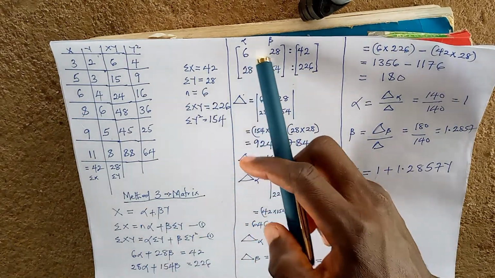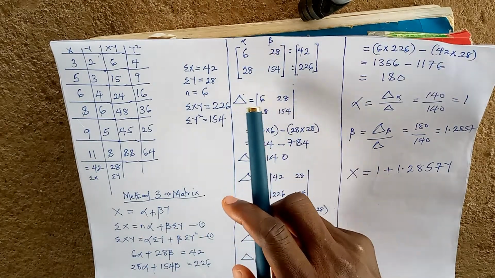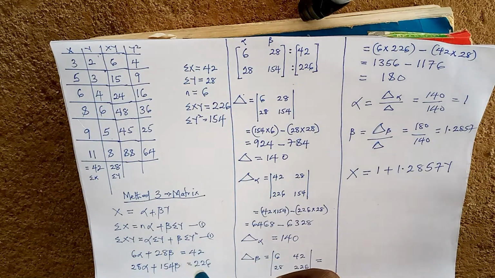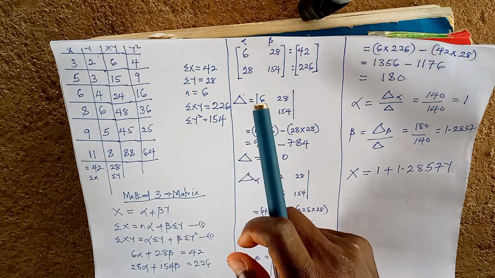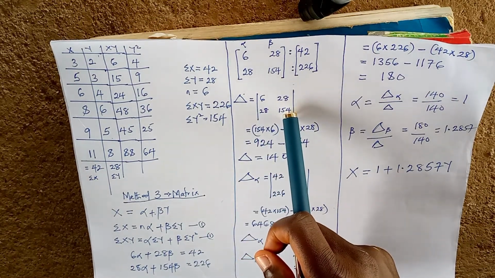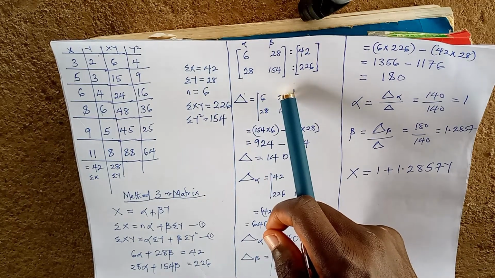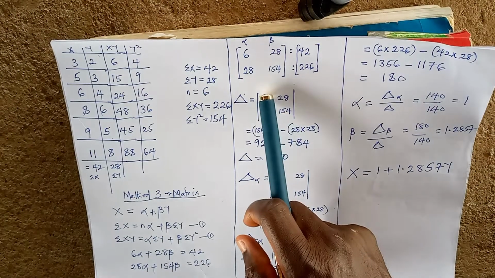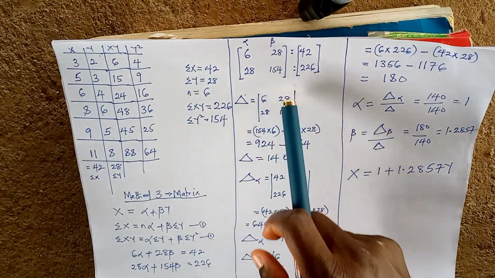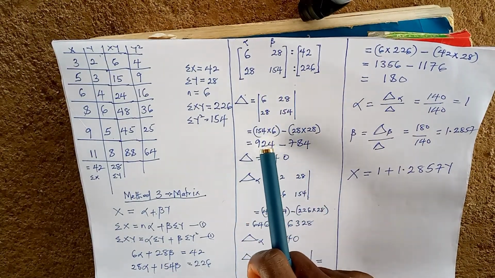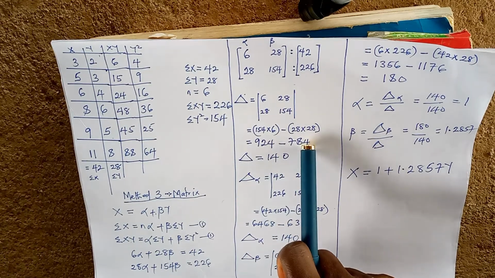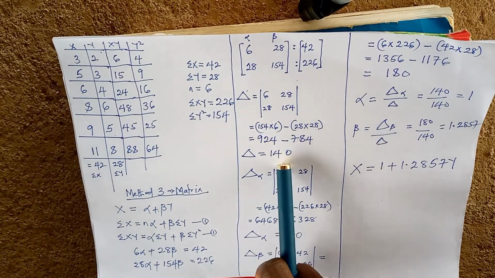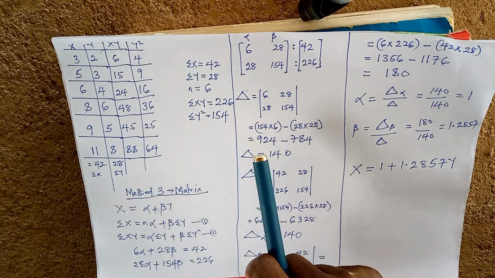Now the general determinant of alpha and beta: this multiplied by this minus this multiplied by this. That is 154 multiplied by 6 minus 28 multiplied by 28, which gives us 924 minus 784. Subtracting gives us 140. That is the general determinant.